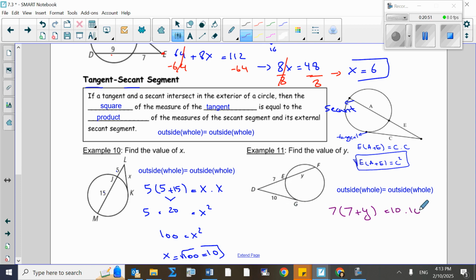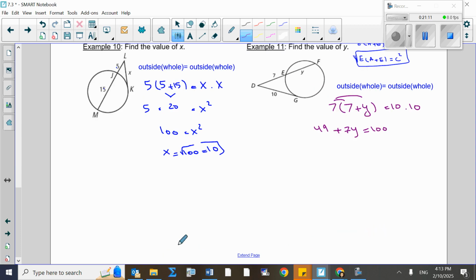Okay, so I'm going to distribute. 7 times 7 is 49, plus 7 times y is 7y. So you multiply 7 by both of these numbers. So this is 7y, and 10 times 10 is 100.